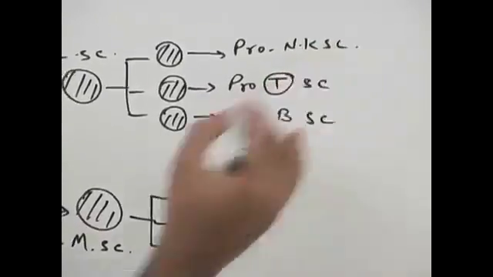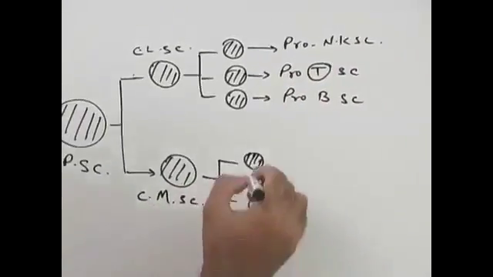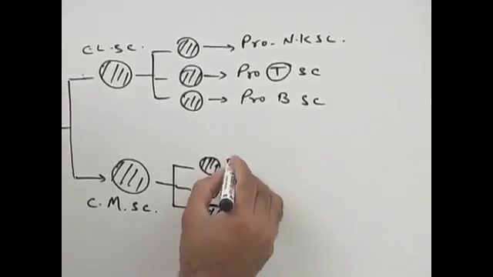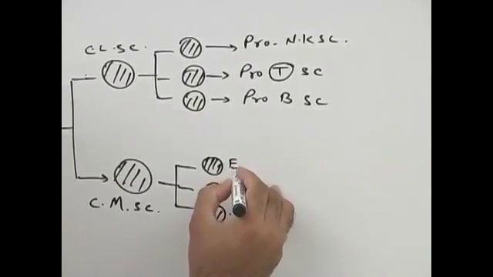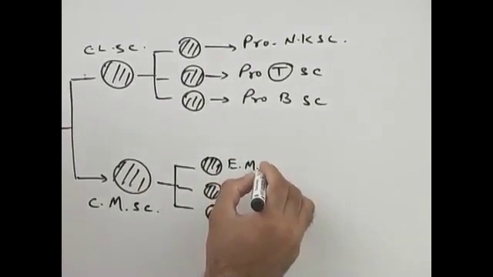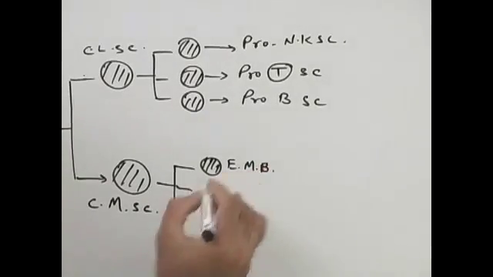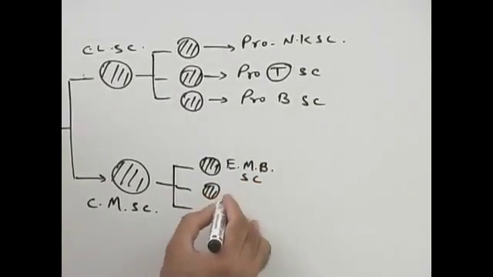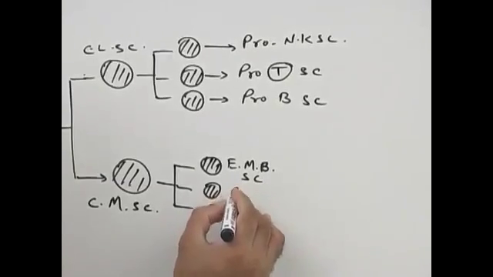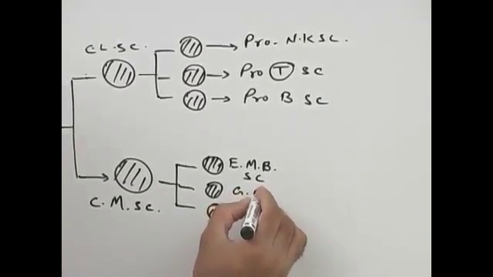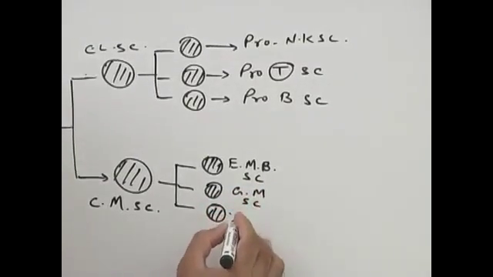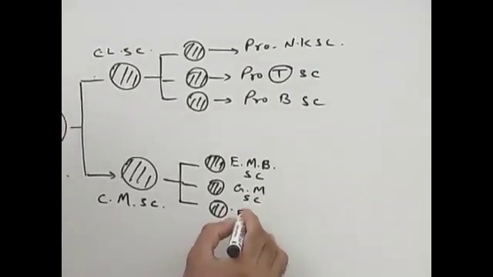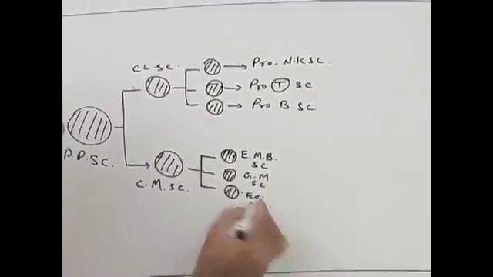Is that right? Here this was the erythroid, megakaryoid, and basophilic stem cell. Here it was the granulocyte monocyte stem cell, and here it was the eosinophilic stem cell.